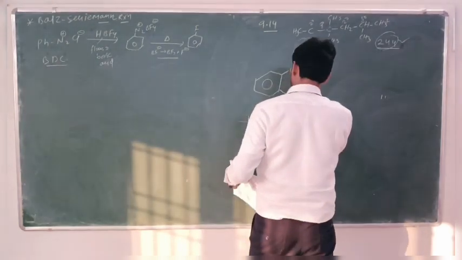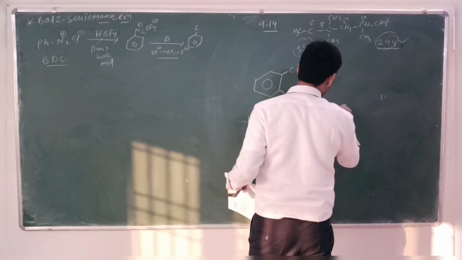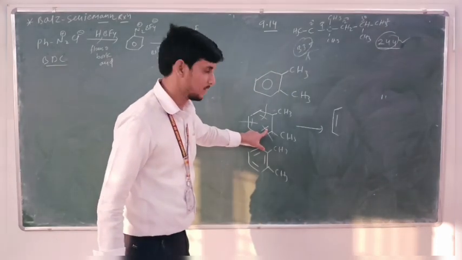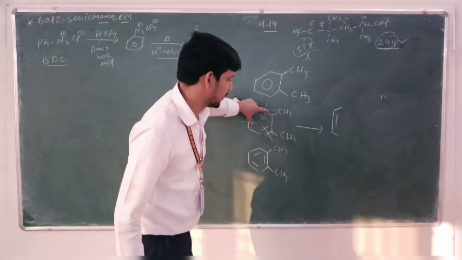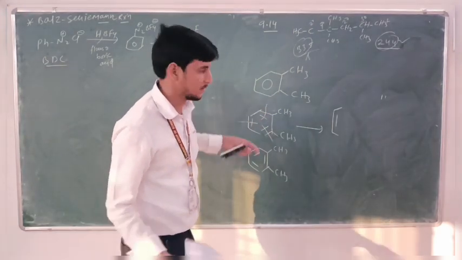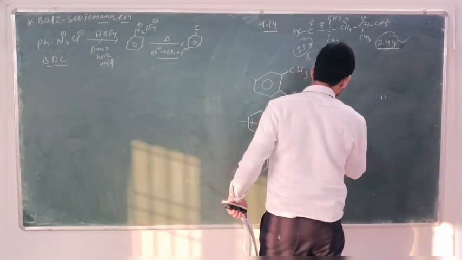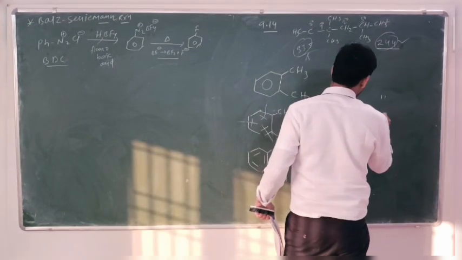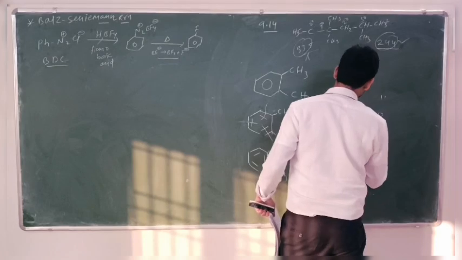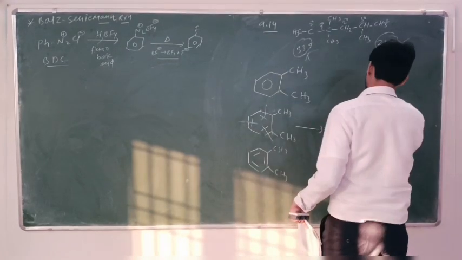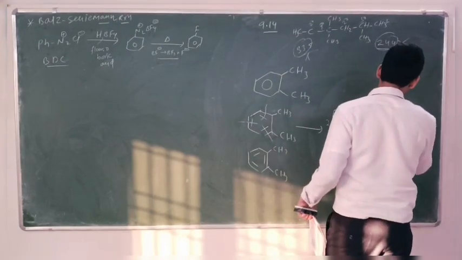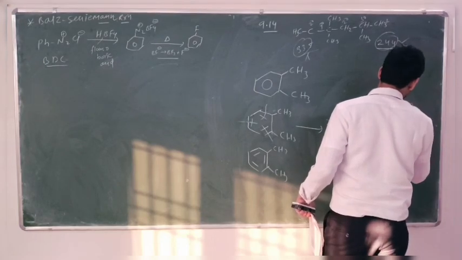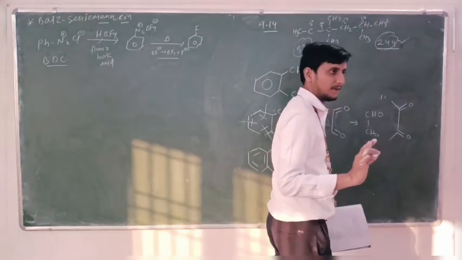From here you get two compounds: one is here and one is here, with CHO. 2 moles of this one form and 1 mole of this one forms.